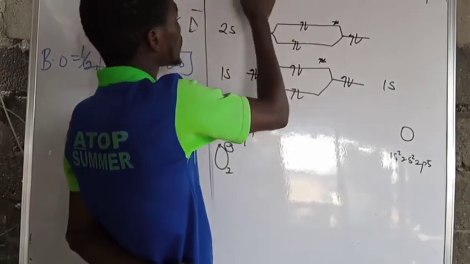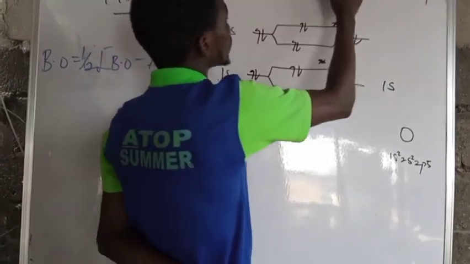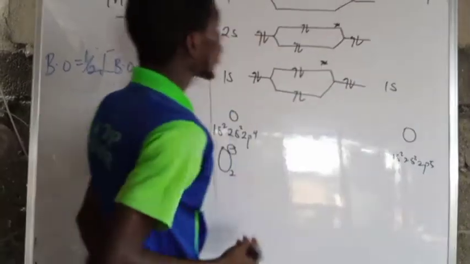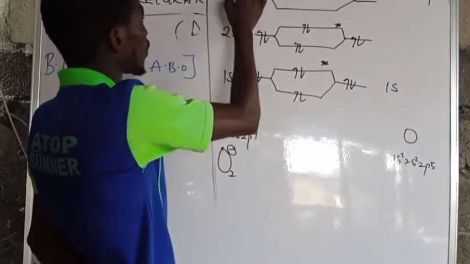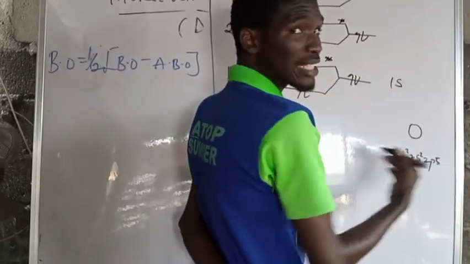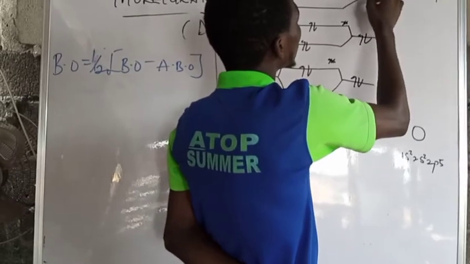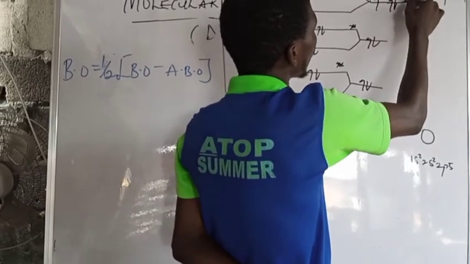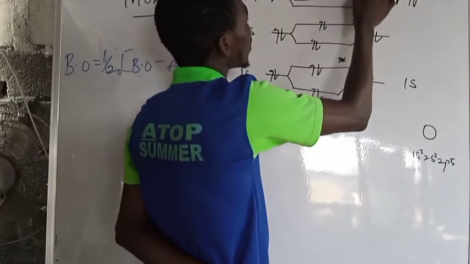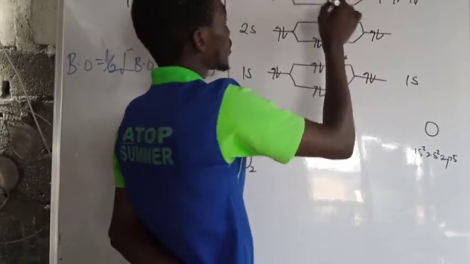Now for 2p, we have 2p4: 1, 2, 3, 4. Then the second one, which has a negative power, we have 1, 2, 3, 4, 5. So don't forget your inner pi.